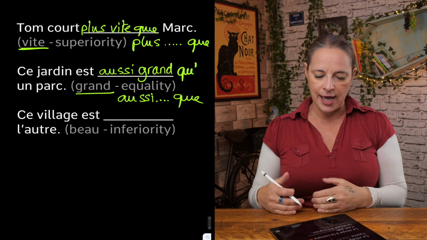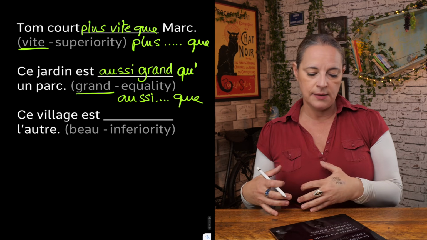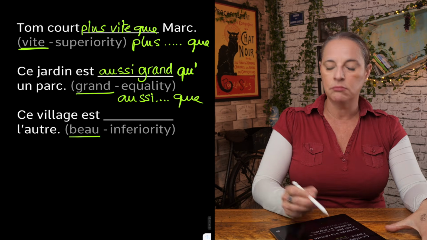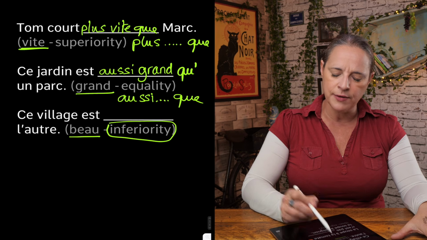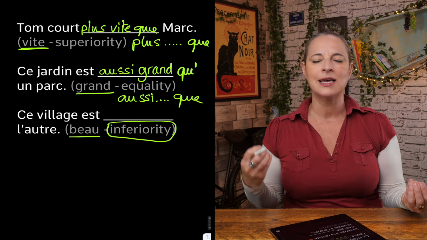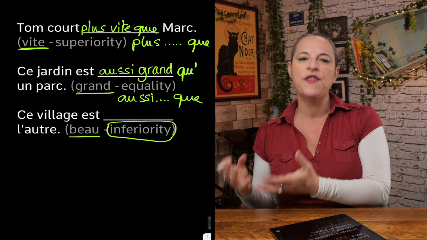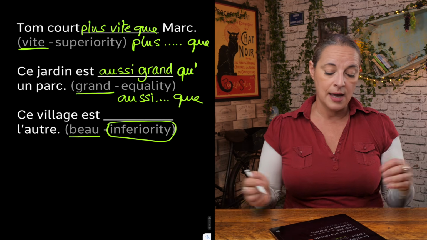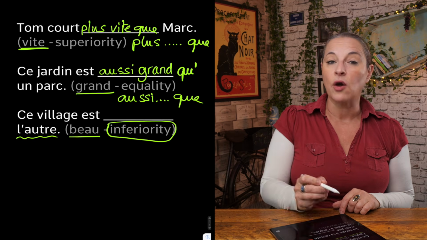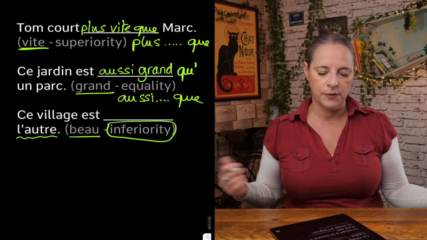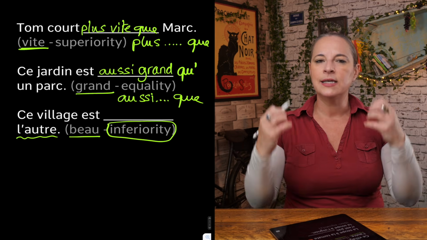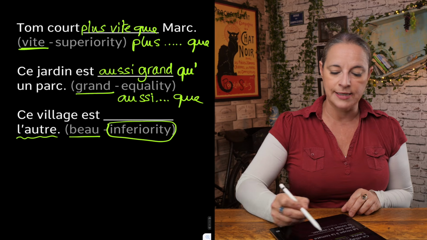Ce village est, so this village is, okay, we want to use beau, beautiful, but we want to use it as inferiority. So we want to say that it's less beautiful than, if that makes sense, okay? And this means the other. So this village is less pretty than the other. What were the indicators for inferiority?